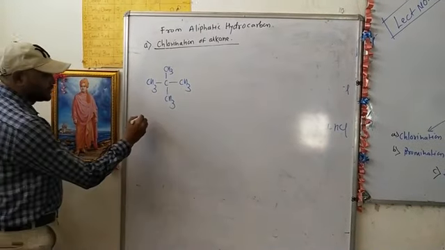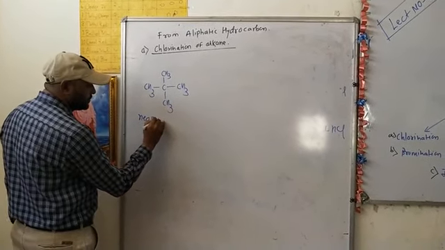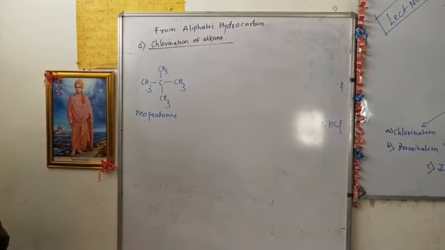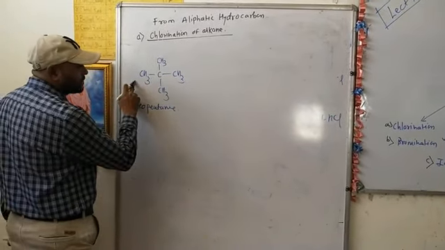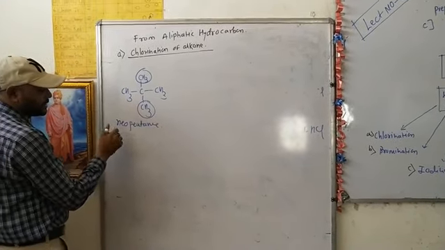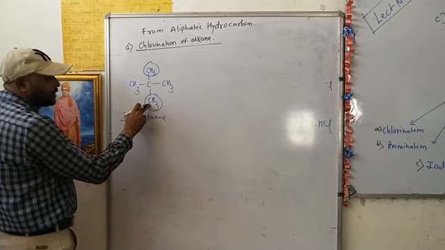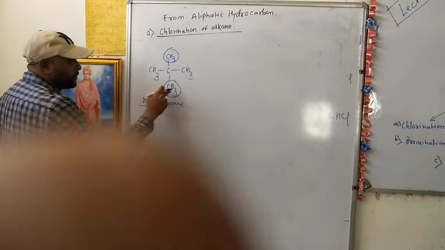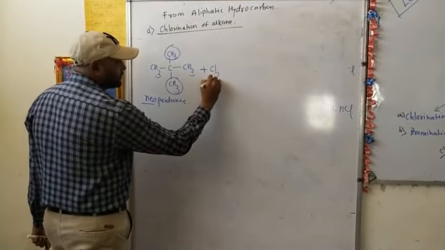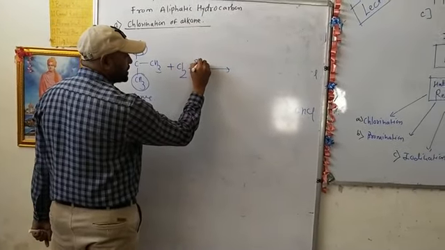This is called neopentane because in a chain of 3 carbons, the second carbon has 2 methyl groups. That's why it is neo, and with 1, 2, 3, 4, 5 carbons, pentane, neopentane. So we carry out the chlorination in presence of sunlight.